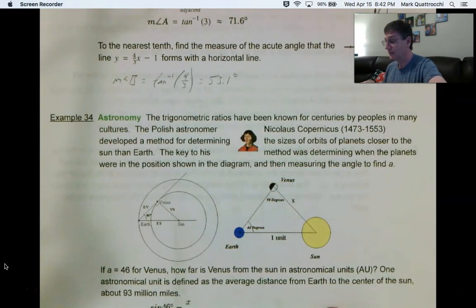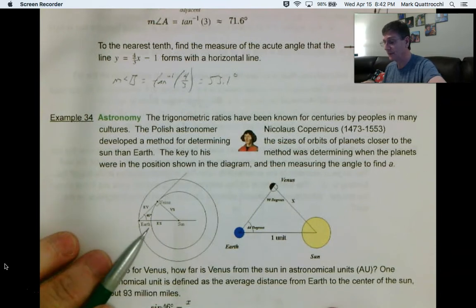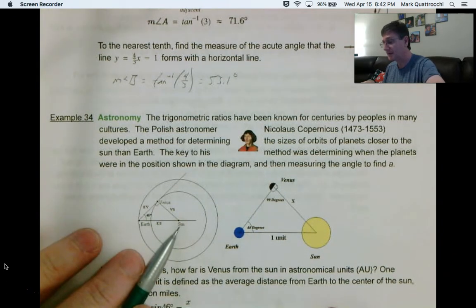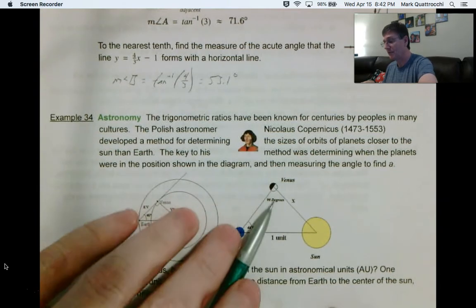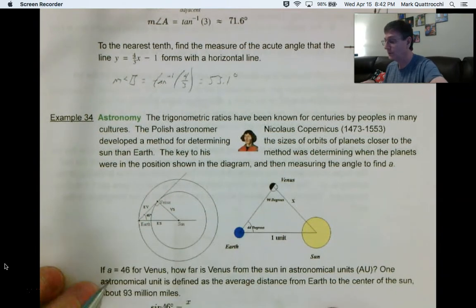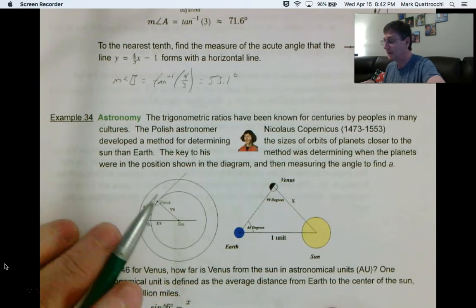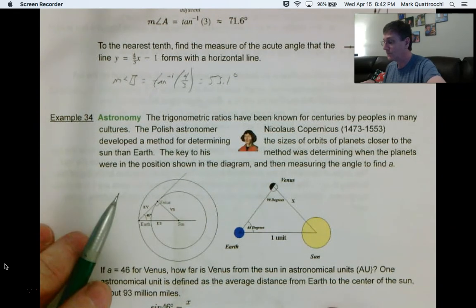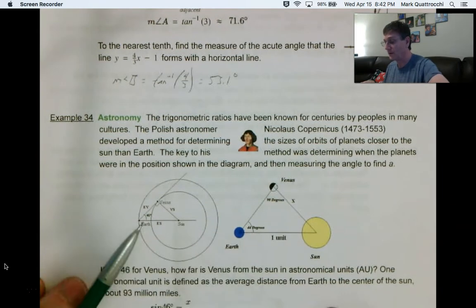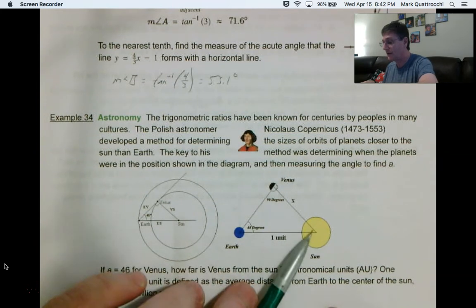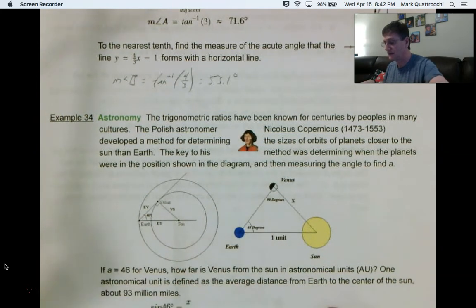The key to this method was determining when the planets were in the position shown in the diagram, so that we had a right angle formed with the Earth, Venus, and the Sun. We had to have a right angle. When that angle was formed, then you could find the distance from Venus to the Sun, and then measuring the angle formed to find A being the length of the distance from Venus to the Sun.